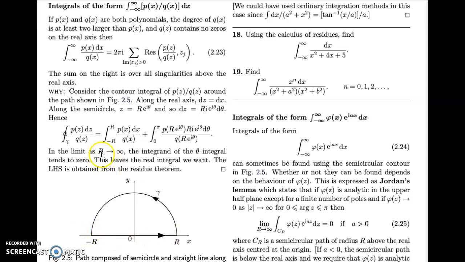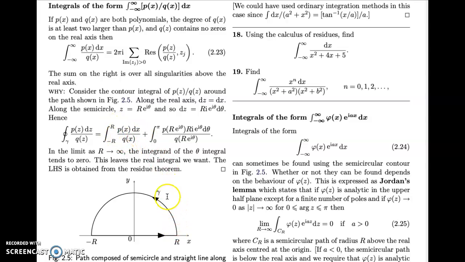So dz, we can always write as dx plus i dy. dy is 0, there's no change in y. So dz along here is just dx. So this straight line here is basically just this integral here, which is very close to the integral we're trying to find. The integral we're trying to find is simply when r goes to infinity. So this, when r goes to infinity, will be the integral we want.